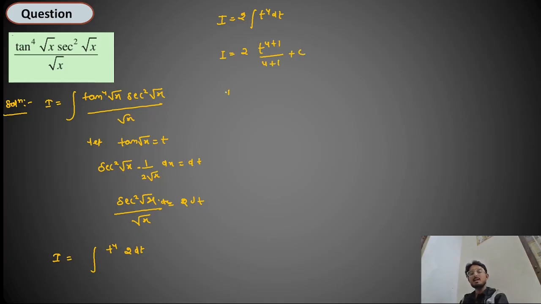So we get I equal to 2 t raised to power 5 upon 5 plus c. You can put the value of t. t is given as tan root x, so 2 tan root x raised to power 5 upon 5 plus c.